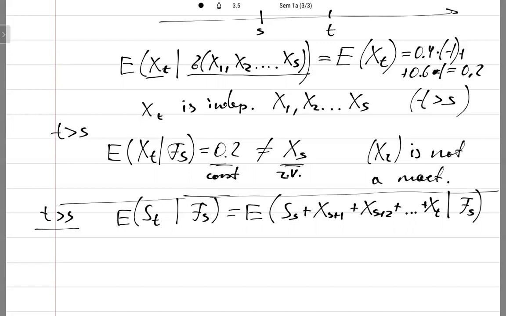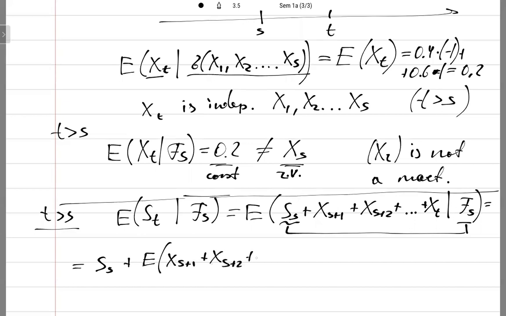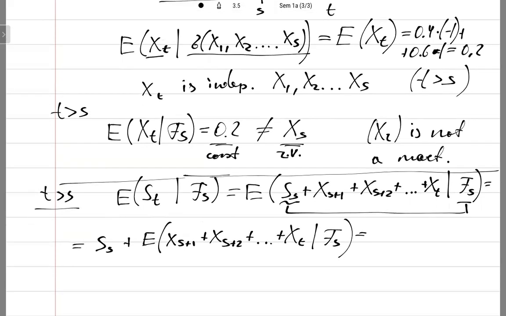This value is known to me. I just know it. So according to the properties of conditional expected value, if I know something, my best prediction is the random variable itself. So it's Ss plus the expected value of x(s+1) plus x(s+2) plus ... xt given Fs.